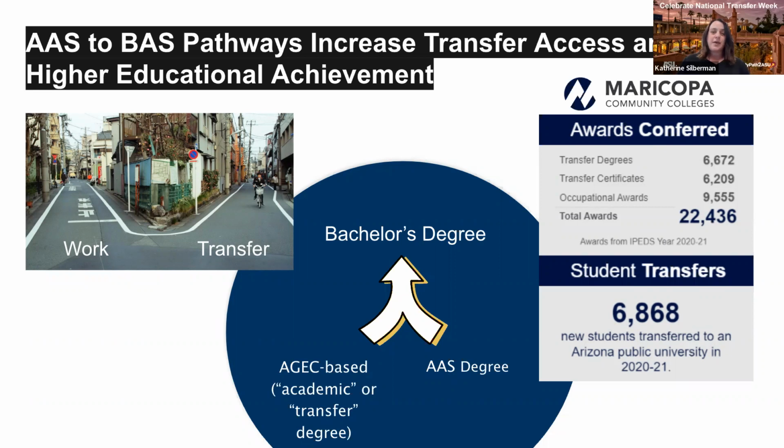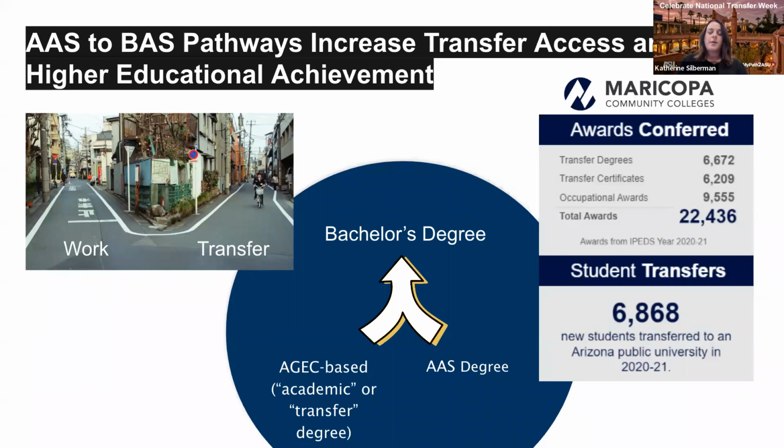So in the early 2000s, with that policy approval in Arizona, more recognition came to associate in applied science degrees. There were statewide meetings, a collaboration across the state between the community colleges and public universities about how this was going to work.